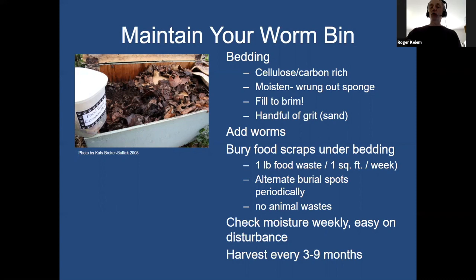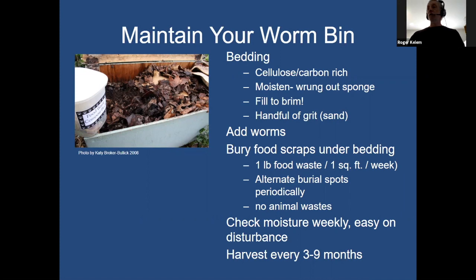So you need bedding, moist bedding. You have worms, and then as you generate food waste, you would bury it in part of your worm bin. And then as you have more waste, you bury it in a slightly different part, and you kind of move throughout the bin. And the worms, when they finish digesting the first food that's there, they move to where the new food is. So that's basically how that system works. In a way, you could think of worms as pets.